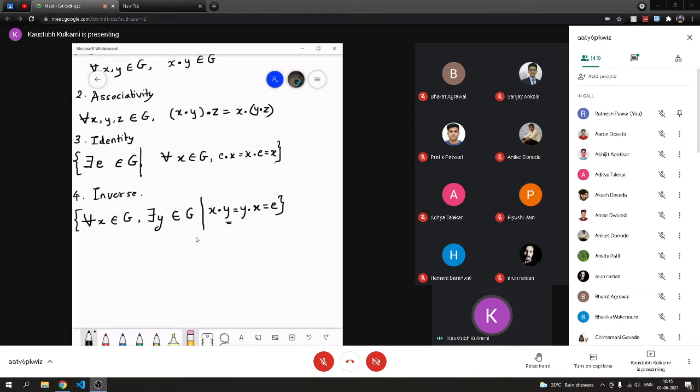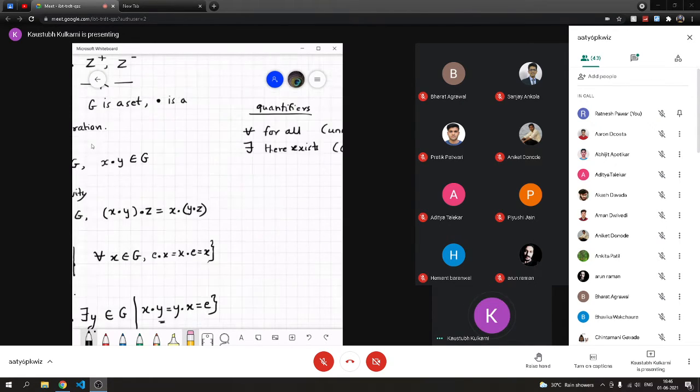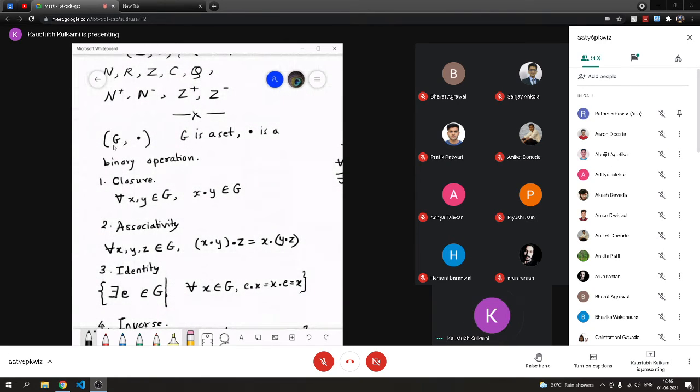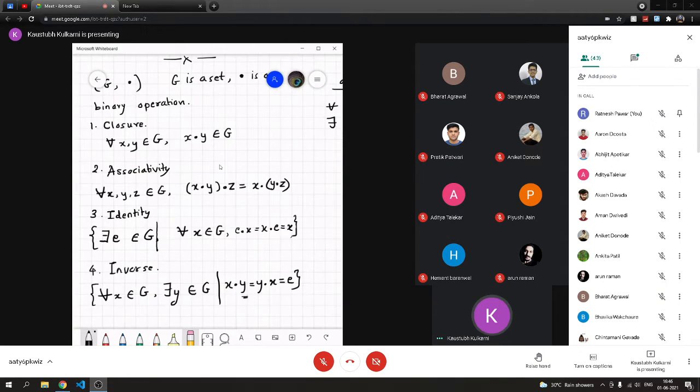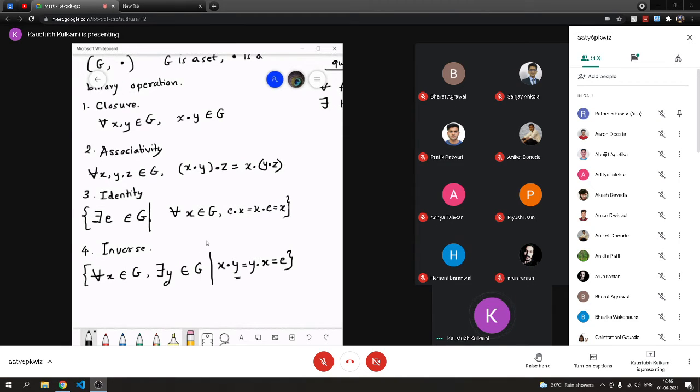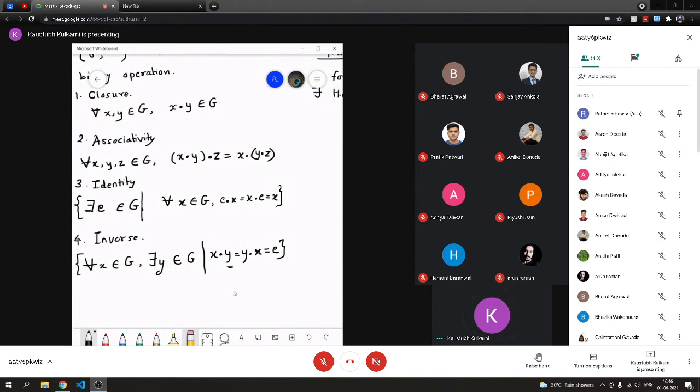So for all elements x belonging to G, there exists an inverse y such that x when operated by y on the left is the same as x when operated by the same y on the right. So the left inverse is the same as the right inverse, and which is equal to E. So if the set G and the operation dot follow all these four properties, then we call it a group.